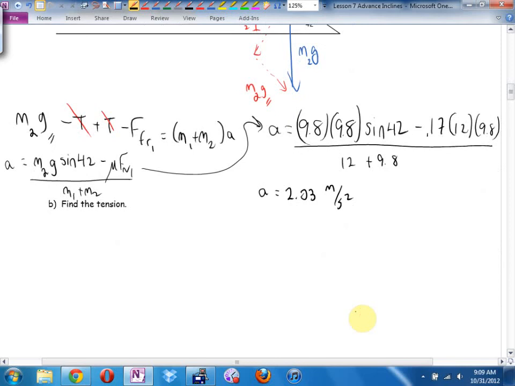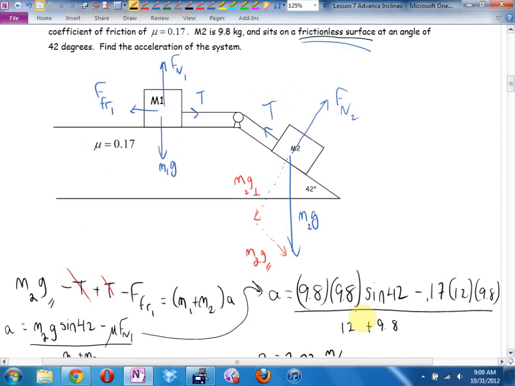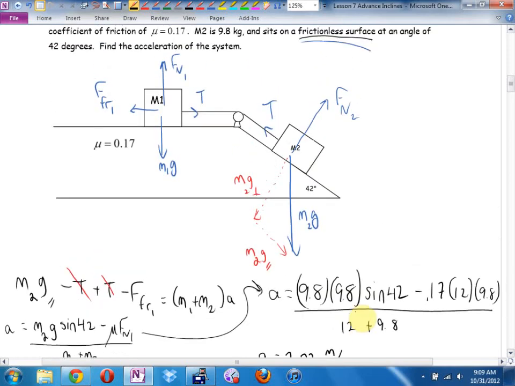B, find the tension. Okay. Which mass is going to be the nicest one with which to find the tension? Mass 1 or mass 2? They both work. Which one would you prefer? I think mass 1, way less gunk on it, and it's level. Mass 1, who's winning?